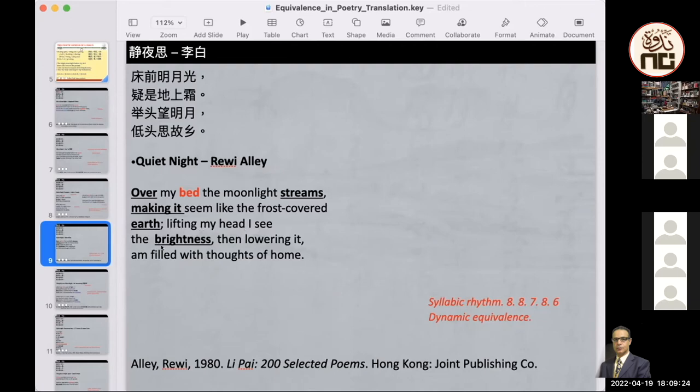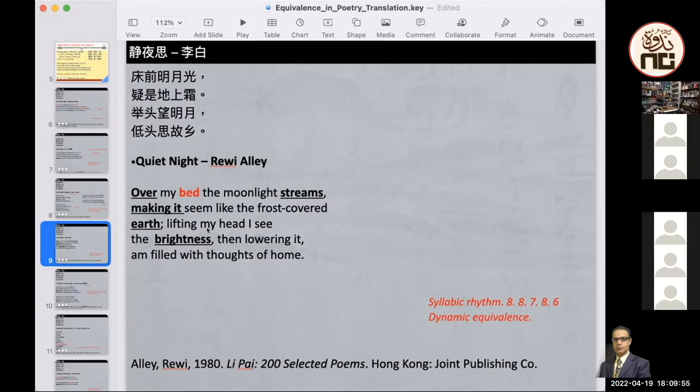Lifting my head, I see the brightness, then lowering it. See, he didn't repeat the head. Because in Chinese, this repetition is so good, but in English, it may not sound that good. In English, when you say head at the beginning, then you don't need to say head again. You refer to your head as it, right? This is the natural way of writing in English.